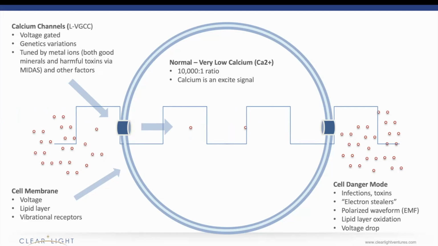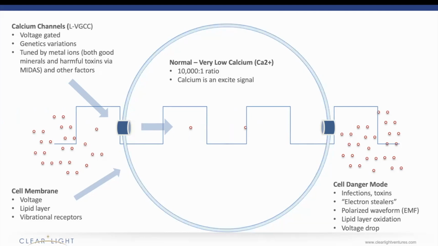So that force is oscillating back and forth, and it can interfere with these voltage-gated calcium channels. It'll oxidize the outside layer, and the cell membrane will get thicker, and that's how the cell will go into a kind of fortress mode, a cell danger mode, a protective mode. And then that can actually bring in more calcium.